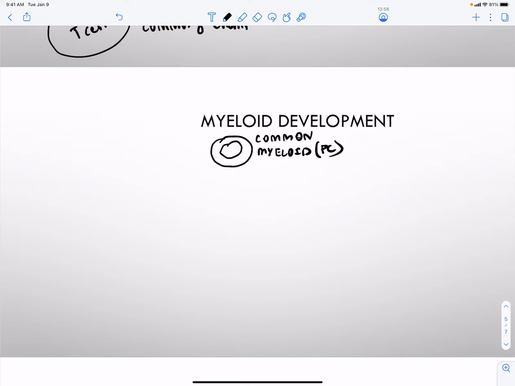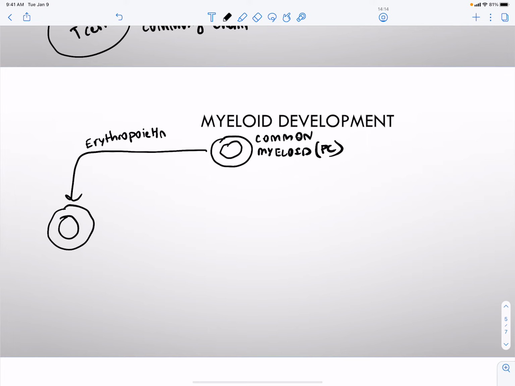Now, if you're going to make red blood cells, the trigger for red blood cells comes from the liver, and it is erythropoietin. Then you'll get your erythroid progenitor, which will become your red blood cell, or your erythrocytes.